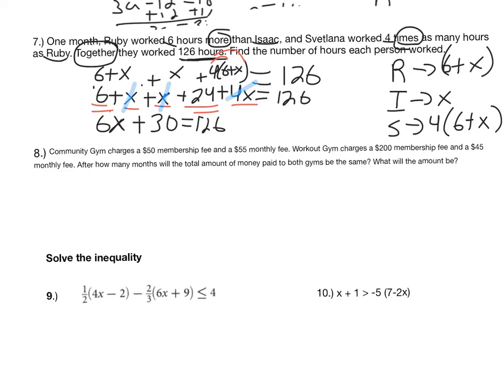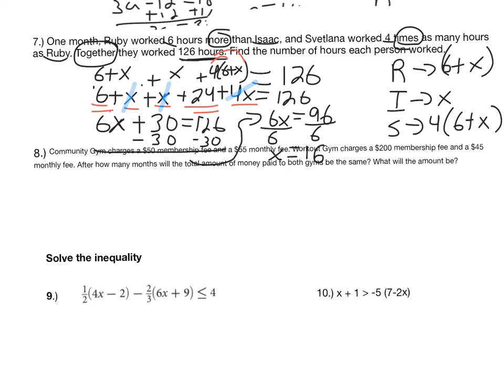Then we solve this. So our first step is going to be to subtract by 30. And I ran out of space, so I'll write this information right up here. We'd be left with 6X equals 96. And then we divide by 6. And we get X equals 16, I believe.